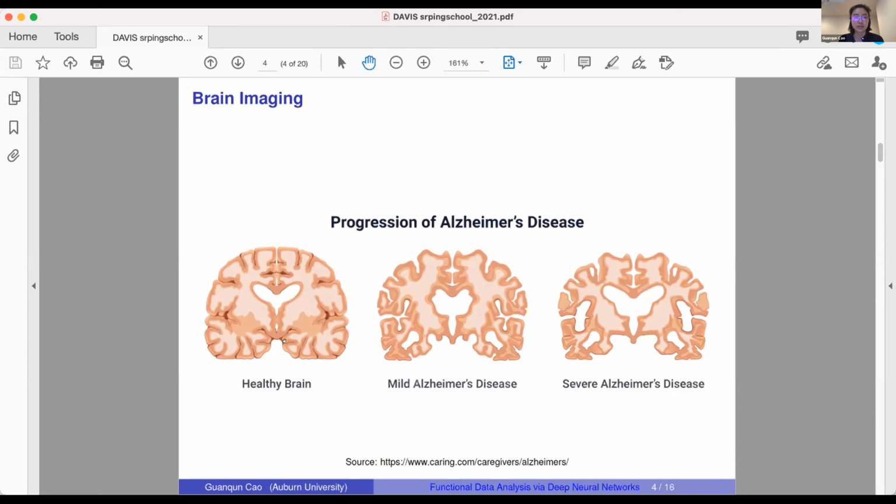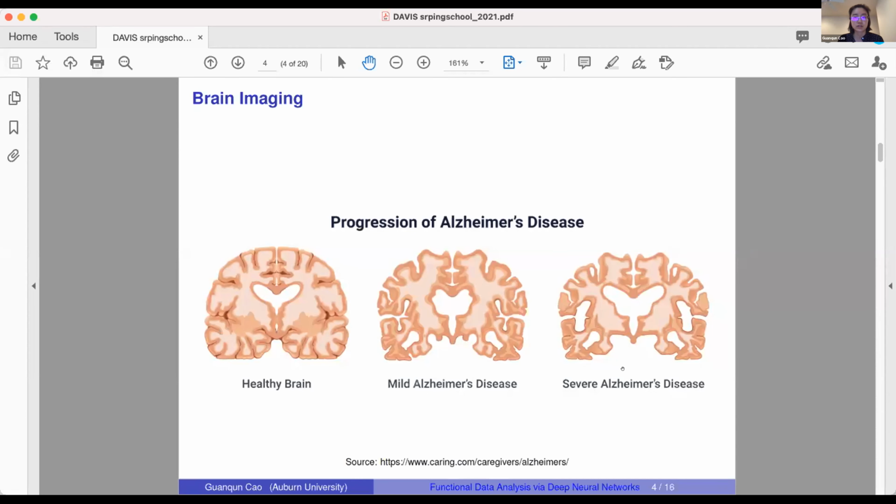When people have the disease, it usually takes place in the hippocampus. For the mild disease here, you can see the brain tissue in the hippocampus shrinks a little bit. And when the disease gets worse, neurons die and brain tissue shrinks significantly.